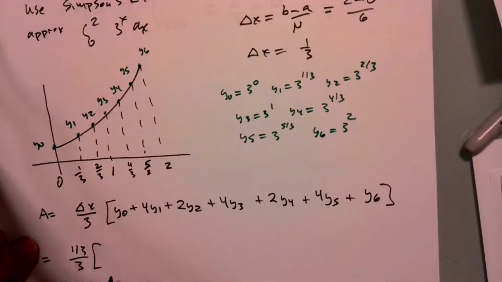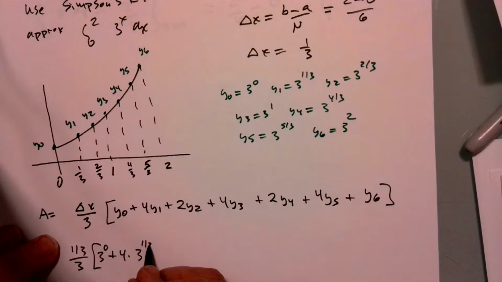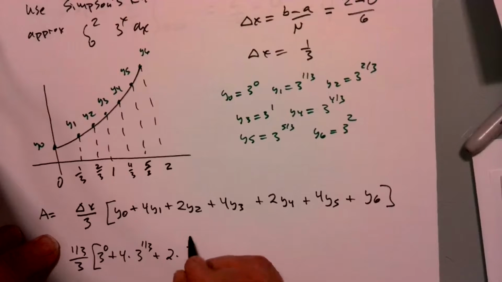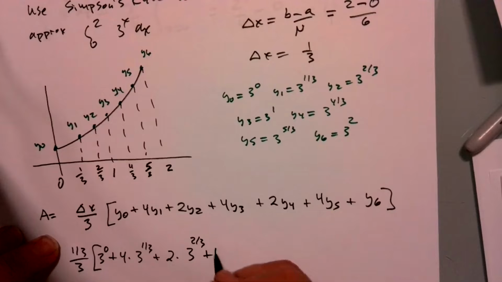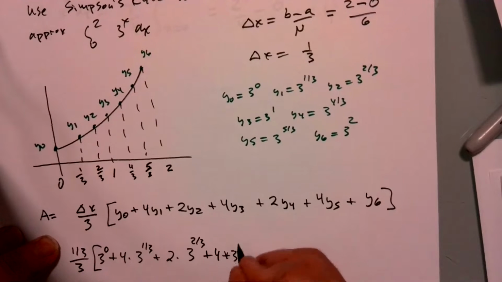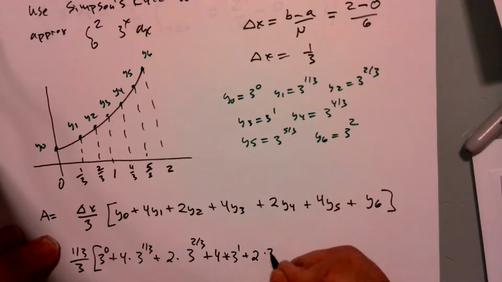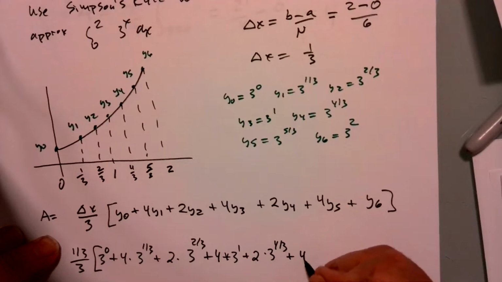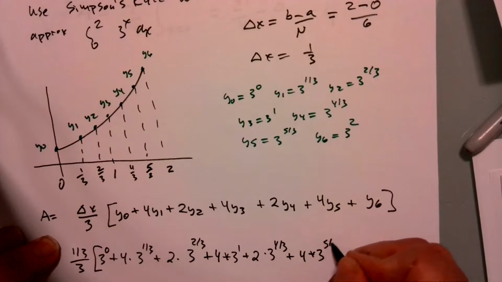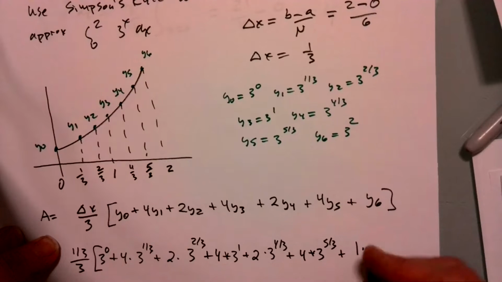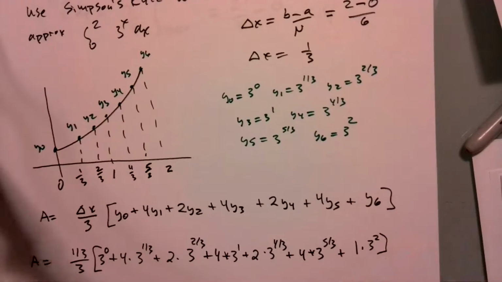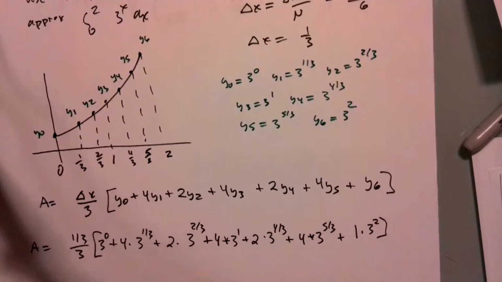So finishing this off, we get our area: change in x, 1/3, divided by 3. Y sub 0 is 3 to the 0 plus 4 times 3 to the 1/3 plus 2 times 3 to the 2/3 plus 4 times 3 to the 1 plus 2 times 3 to the 4/3 plus 4 times 3 to the 5/3 plus 1 times 3 to the 2nd power, with coefficients 1, 4, 2, 4, 2, 4, 1. We should get some kind of an approximation for that and see how close it is.